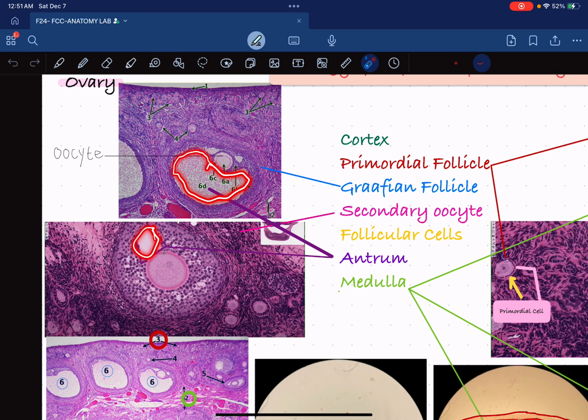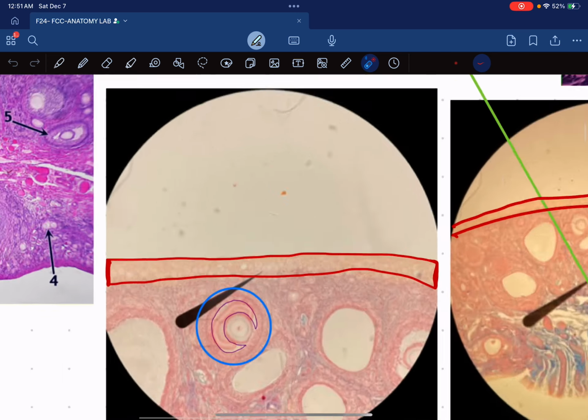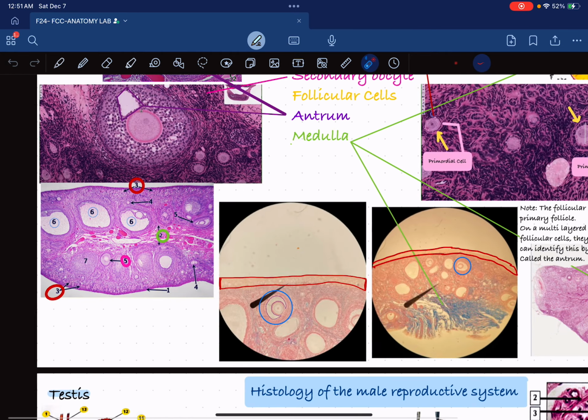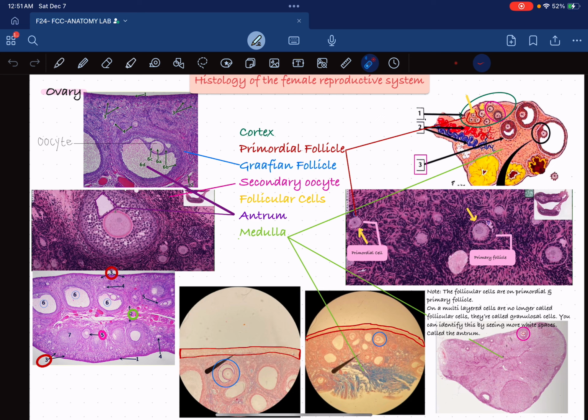It's also over here. It can also be identified right here, this space in between. Oh, here's another one, highlighted in purple. The Graafian follicle has one antrum that's large, and there's also a bed of cells for the oocyte to sort of sit in, and that's located on the lateral wall of the follicle.